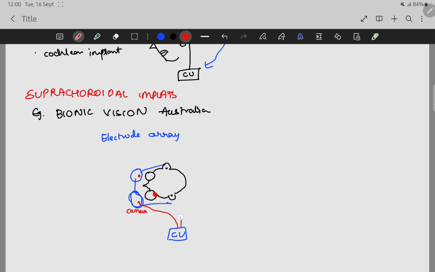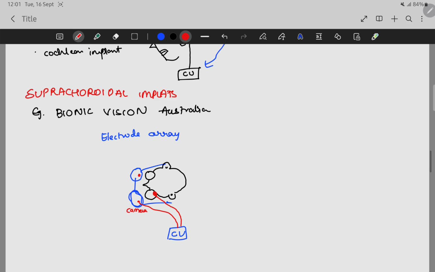From here it is sending to this implanted system, and from the implanted system it passes the signal into the retinal implant. So that implant stimulates the retina. The electrical signals from the retina pass into the visual pathway to the vision processing centers in the brain.